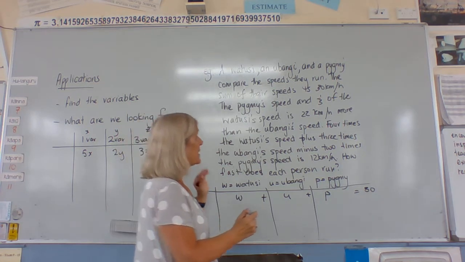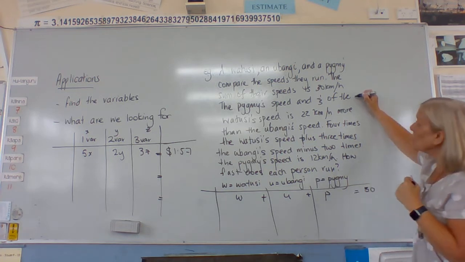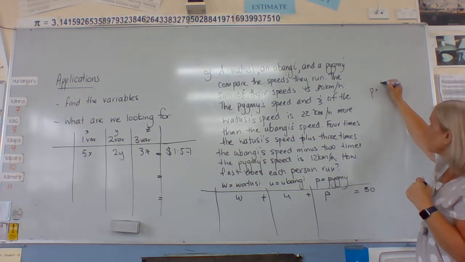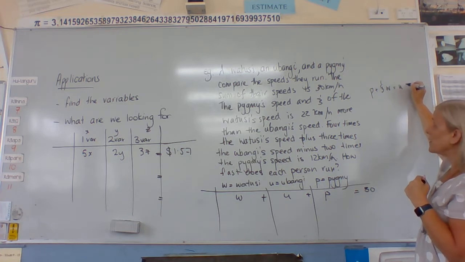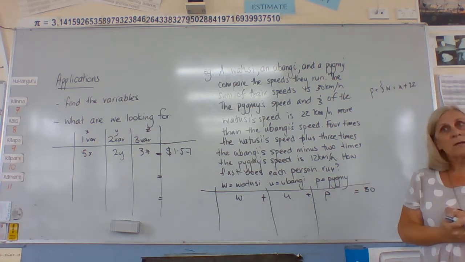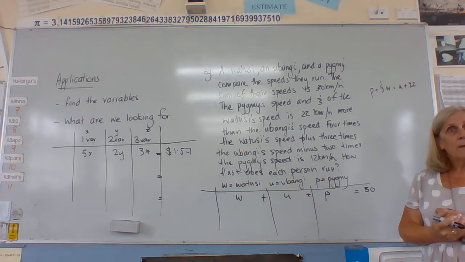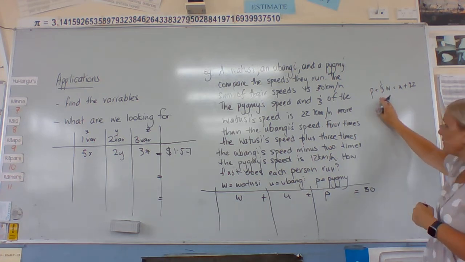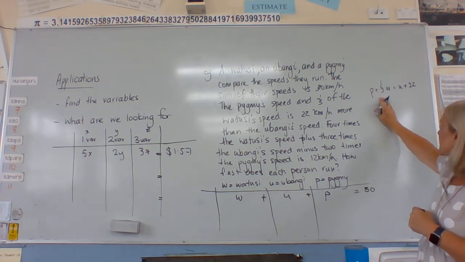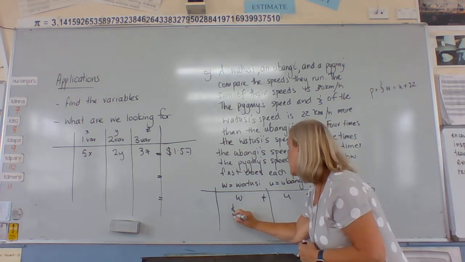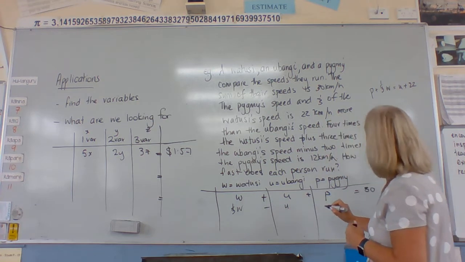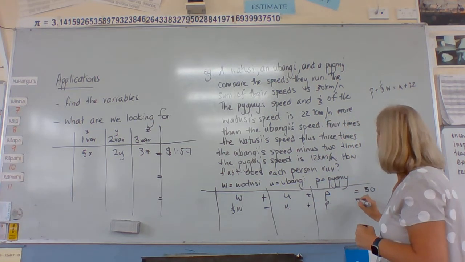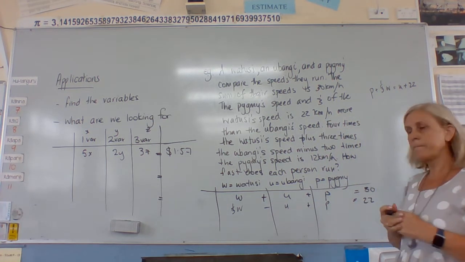So therefore we've got P plus a third of W equals U plus 22. Can you see that? All right, so we need to move the U over here. It's going to be a negative. So we've got 1/3 of W minus U plus P equals 22. Okay?